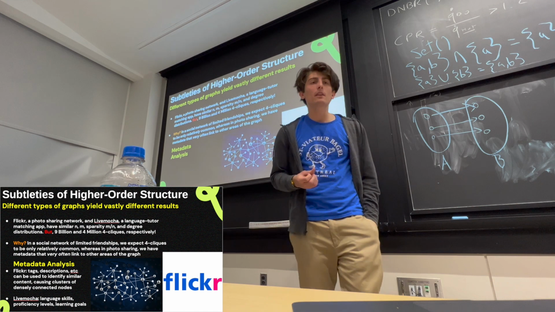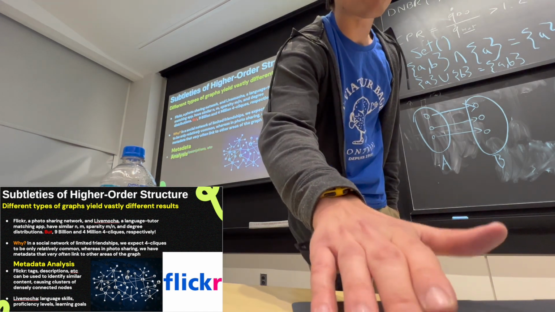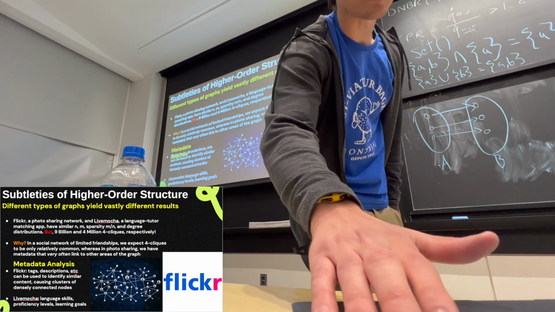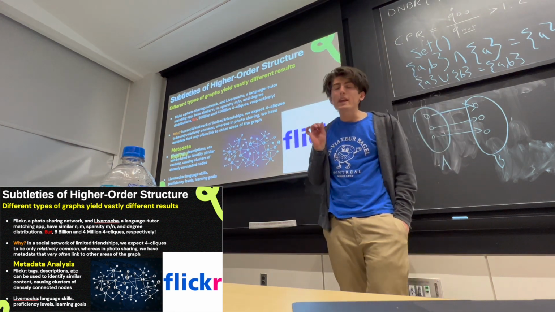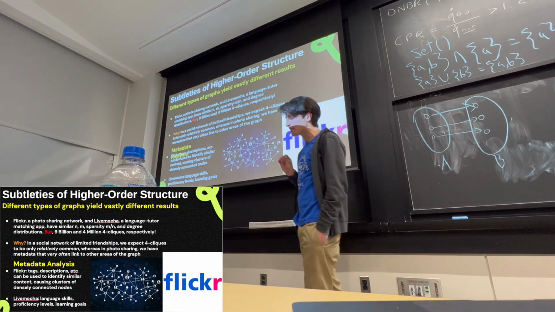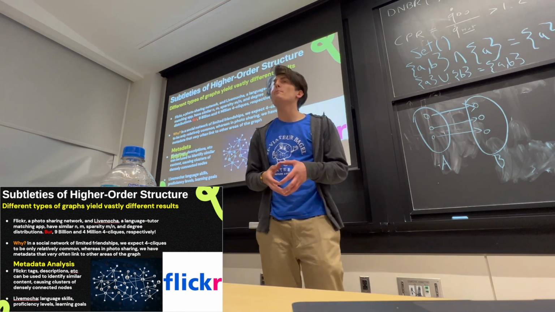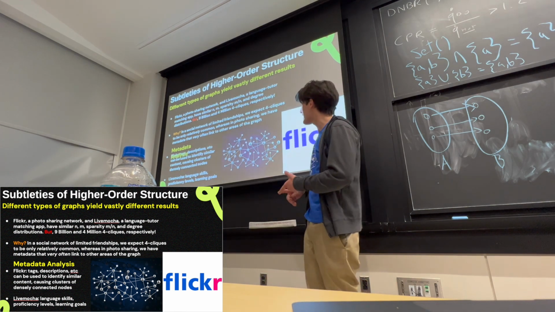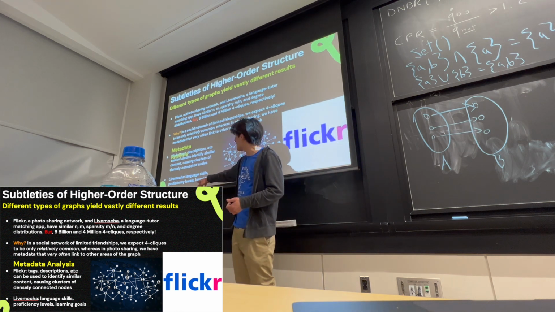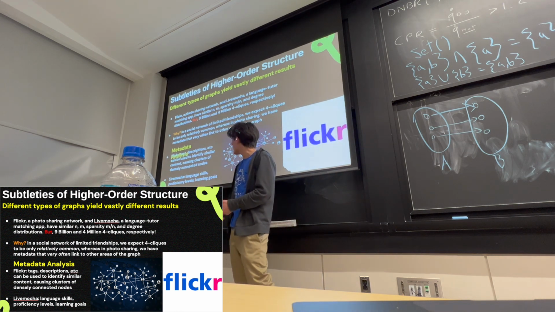But as it comes to LiveMocha, we don't have as many of these overlapping characteristics. In fact, LiveMocha seems to be limited to language skill, proficiency levels, and learning goals.